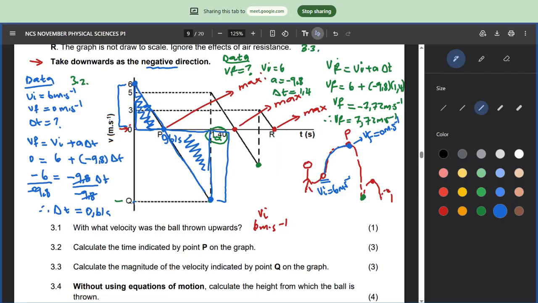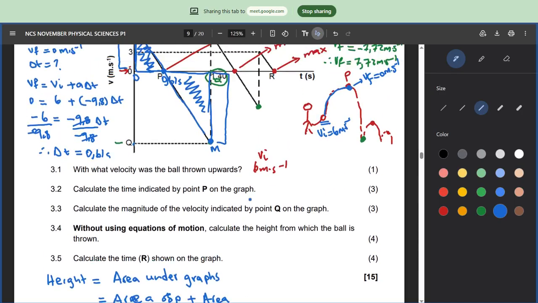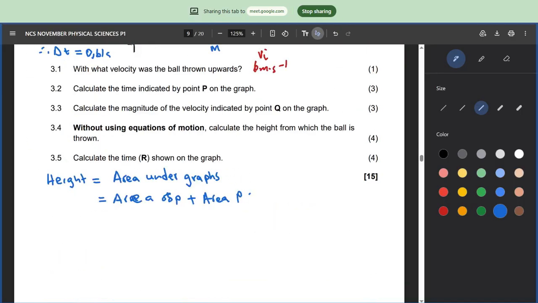Let's call this maybe M. So it's going to be the area of OSP plus the area of PMX. I'm just doing my points here.